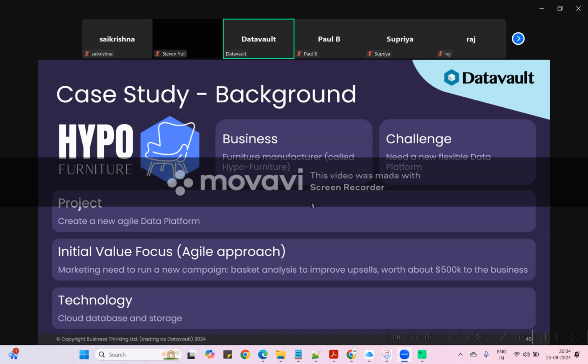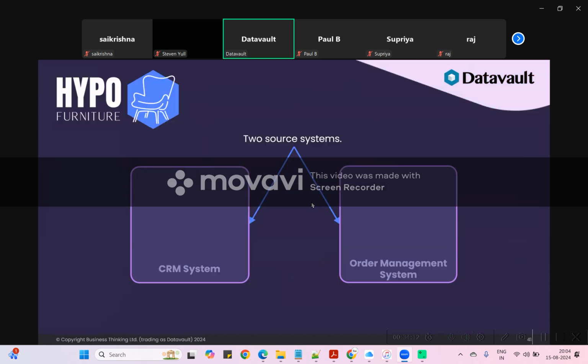Someone who bought this furniture also bought these items, and they want to do that. And they think if they do this properly, they'll add about $500,000 to the business revenue, which is enough to pay for the project. They want this done quickly, and they're running a cloud database and storage.